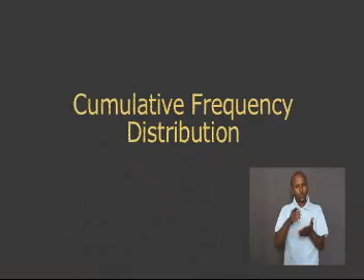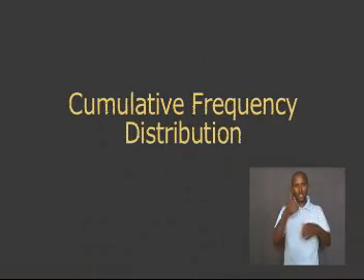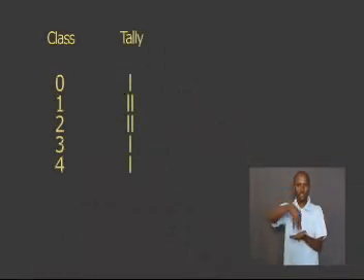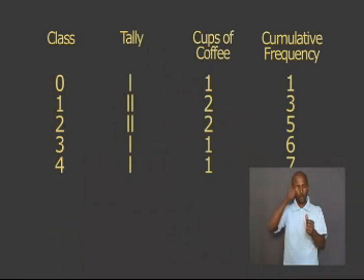You can either do this by adding the frequencies of each class. This is called less than cumulative frequency. Or by subtracting the frequency of each class from the total. This is called more than cumulative frequency. Remember, this frequency distribution is for a discrete variable.